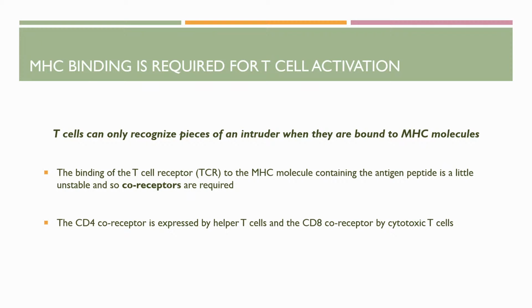The CD4 co-receptor is expressed by helper T cells, and the CD8 co-receptor is expressed by cytotoxic T cells. So the MHC molecules have to bind to that receptor, either the CD4 or the CD8, on the actual T cell, whether it's helper or cytotoxic.